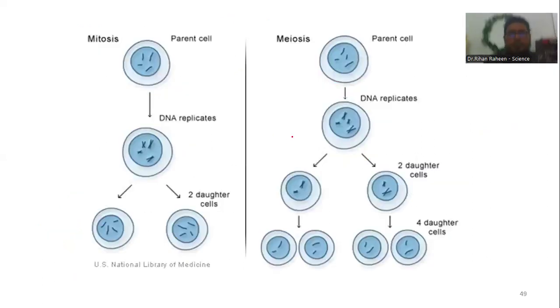Here they have given the picture of mitosis and meiosis. I'll quickly explain. Normally in mitosis, one parent cell is enough, even for meiosis. That one cell will break into 2 new cells, which will be identical. For example, if the parent is diploid, the daughter cells also will be diploid.